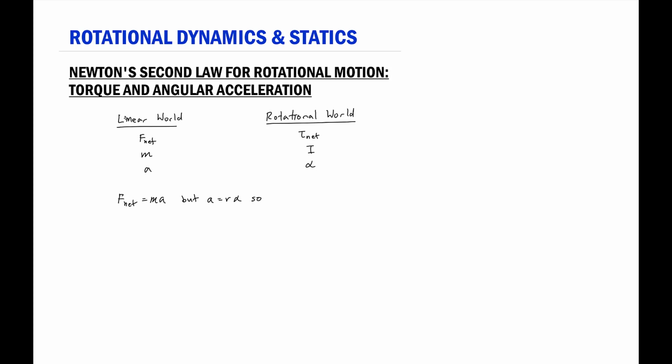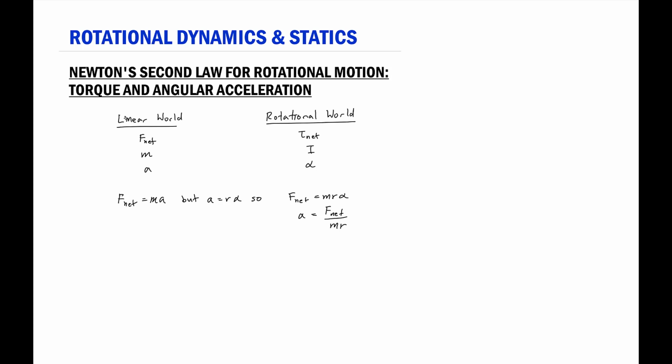So we now have a new equation for F net, which is equal to mr times alpha. If we were to solve for alpha, we would get F net over mr. But this expression isn't really helpful because we still have our force and our mass in the linear representations.